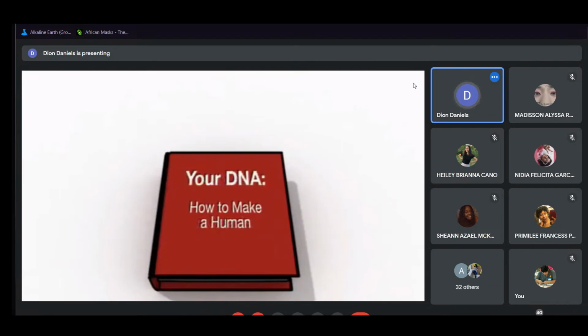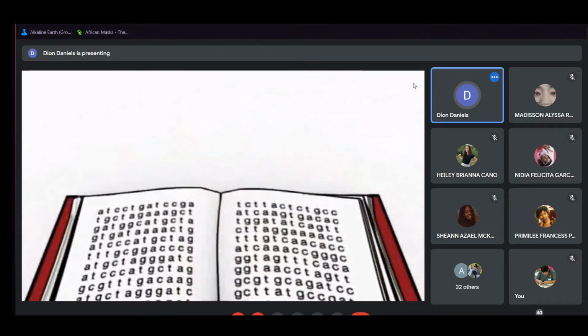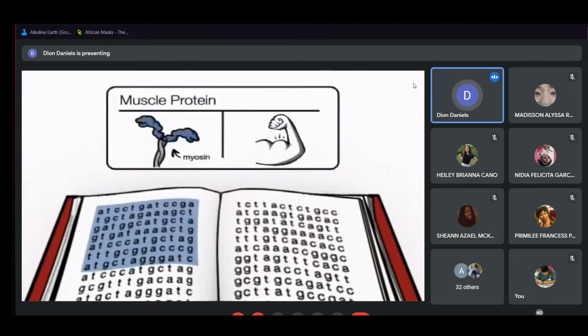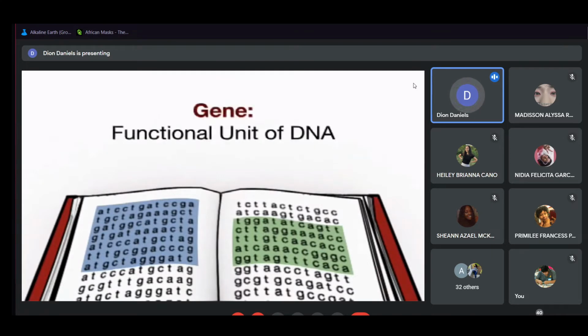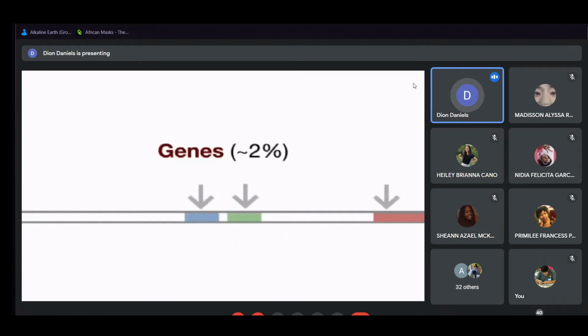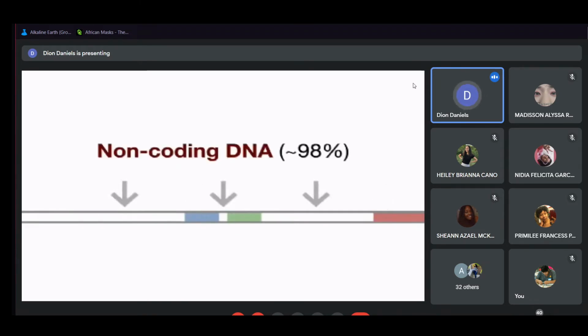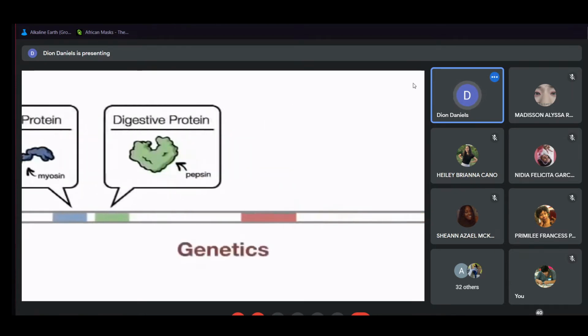For example, you. The human genome contains about 23,000 recipes that code for different proteins. Each recipe or functional unit of DNA is called a gene. But only about 2% codes for protein. The rest is non-coding DNA with regulatory or other yet unknown functions. The study of how DNA works is called genetics.